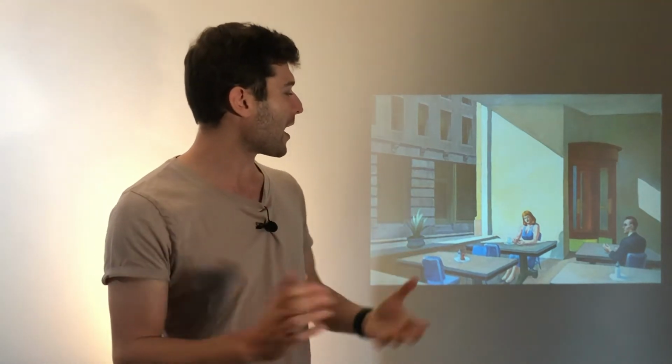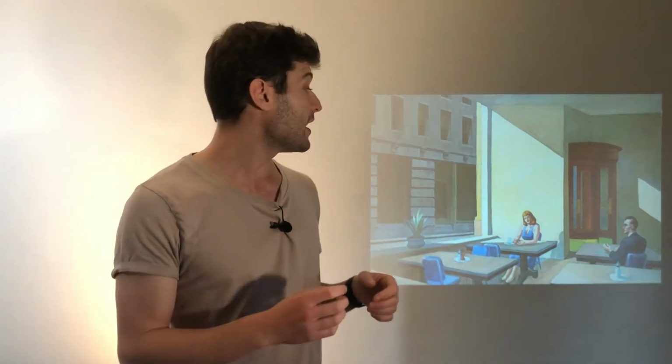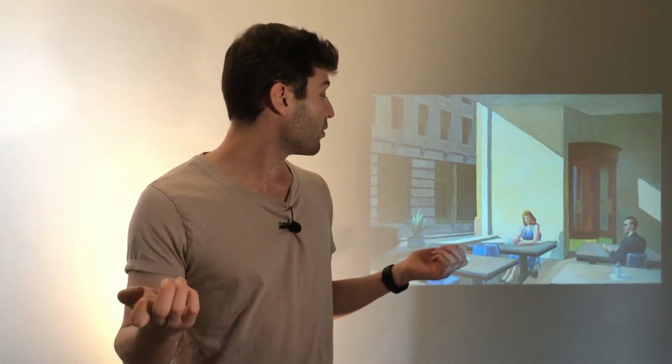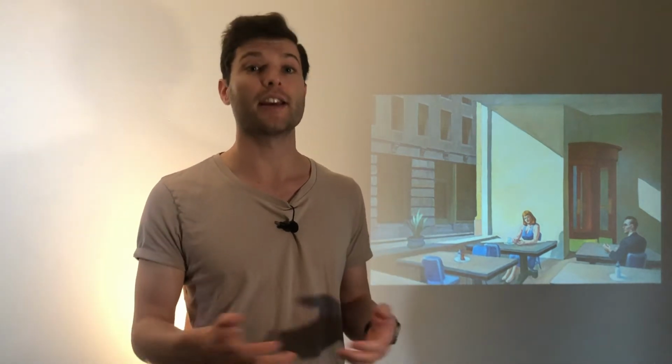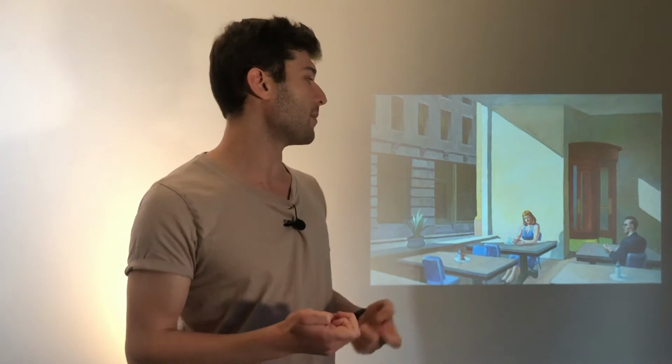So a little bit about Hopper. He was very active in America during the 20th century. He spent a lot of time actually in Paris studying and learning from the abstract painters who were really at the forefront of the modern art scene at the time.